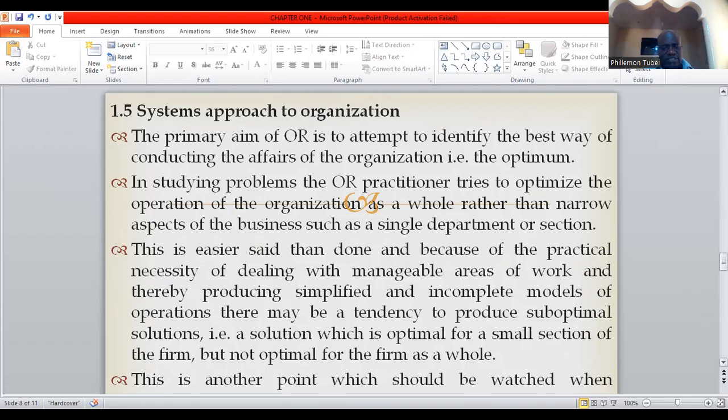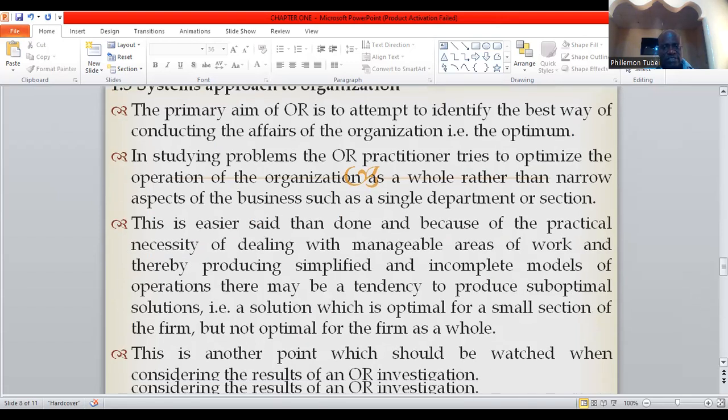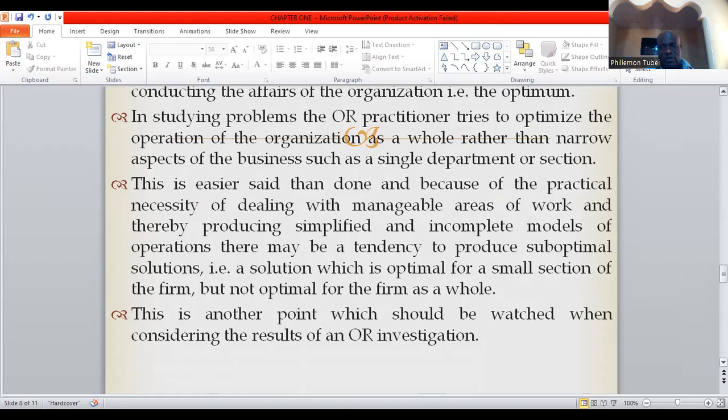So we are very much interested in the whole model. This is another point which should be watched when considering the results of an operation research investigation.